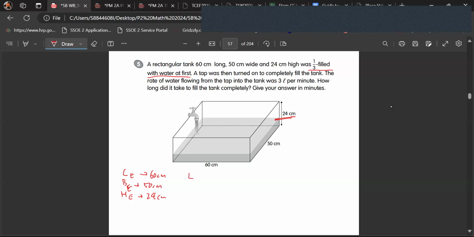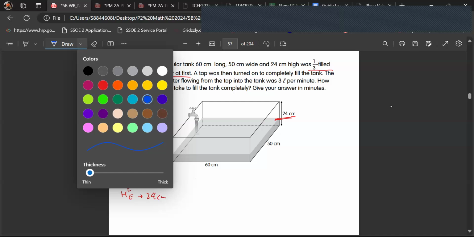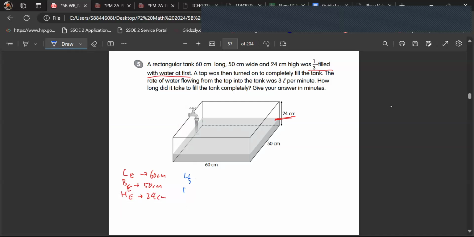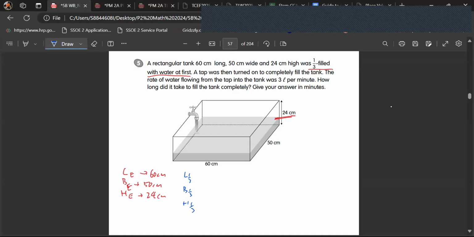Then I have a tank with 1/3 length, 1/3 breadth, 1/3 height. Do you have any idea what this means? Can you remember or not? It's from the volume chapter. Okay, the length when the tank is 1/3 filled. So what would the length be?